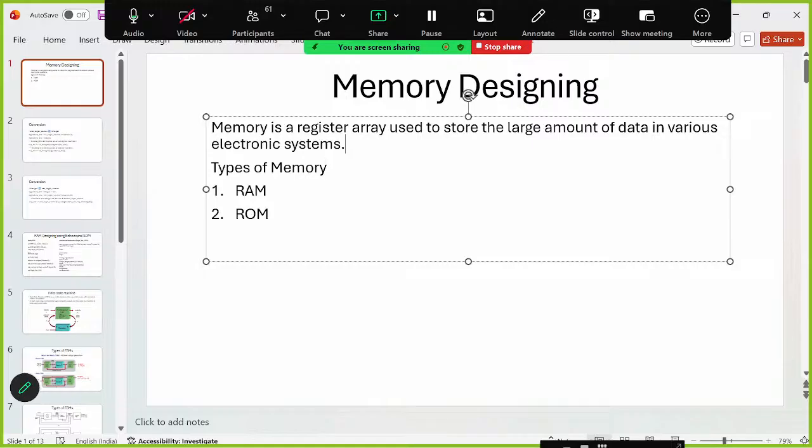Types of memory, RAM and ROM. Who will tell what is RAM? Can anybody write in the chat box? How can we define a RAM? Anybody of you, if you are listening, can you write something in the chat box? What is RAM and what is ROM actually in one line?